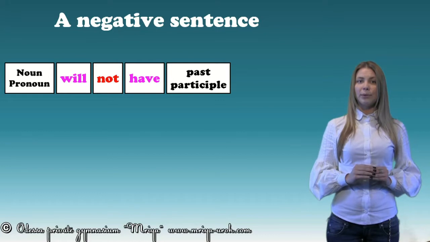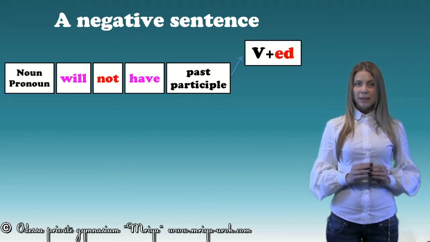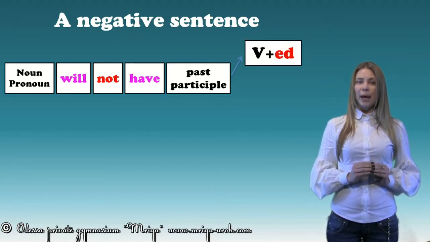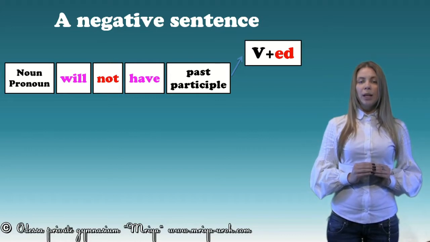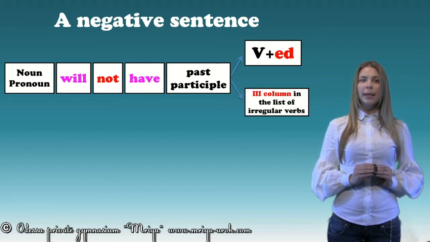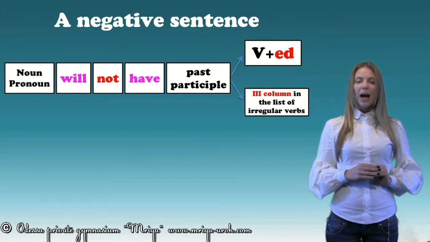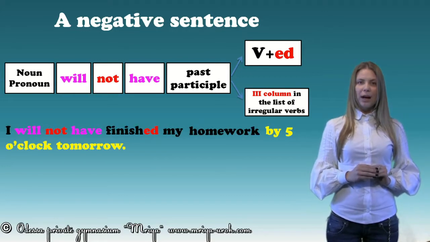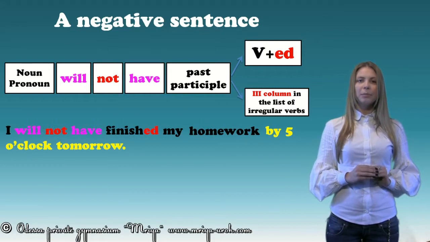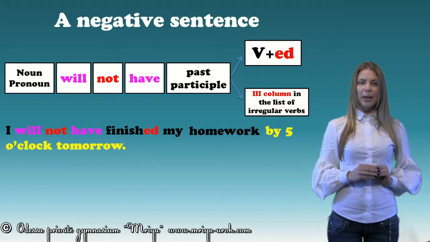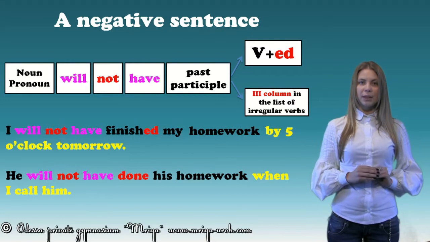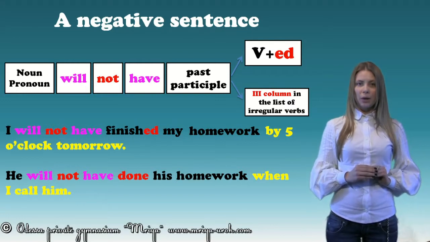Again, if you have a regular verb, you put ed ending to it. If you have an irregular one, you have to find the 3rd column in the list of irregular verbs. For example, I will not have finished my homework by 5 o'clock tomorrow. He will not have done his homework when I call him.